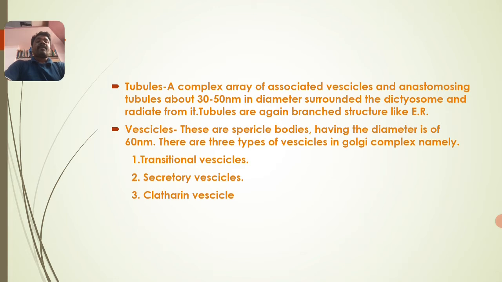Then another component, that is the vesicle. These are spherical bodies, as in the endoplasmic reticulum, with a diameter of about 60 nanometers. There are three types of vesicles in the Golgi complex: the transitional vesicle, the secretory vesicle, and the clathrin vesicle.